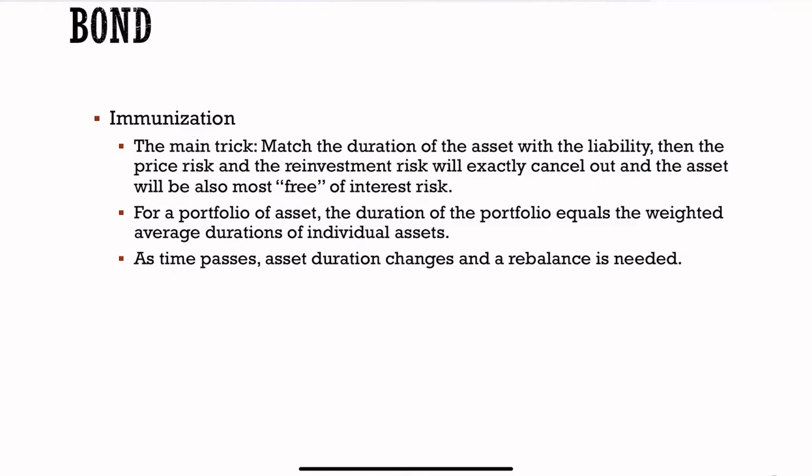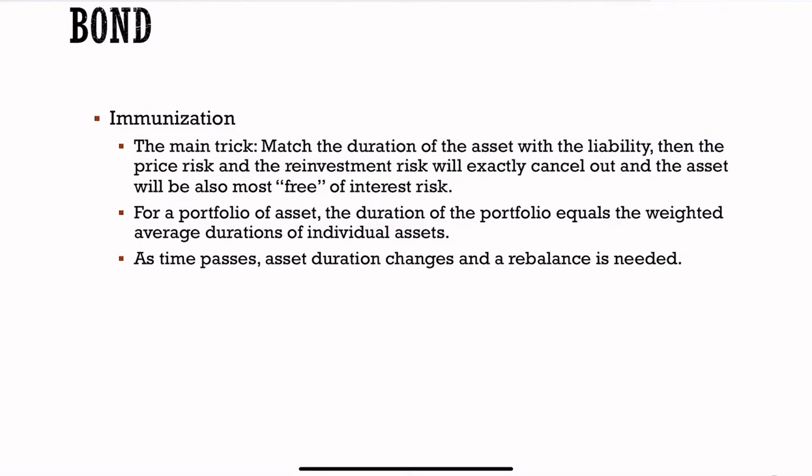If you have a liability in the future, then the present value of this liability will change if the interest rate changes. So to manage this kind of risk, you can use the immunization technique. To be more specific, you will just match the duration of the asset with the liability.